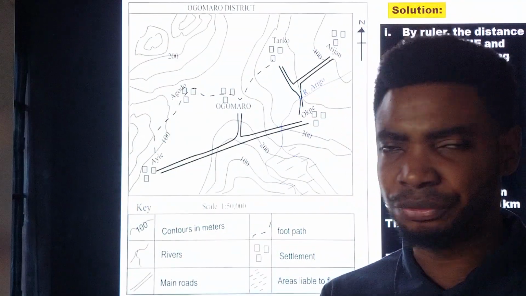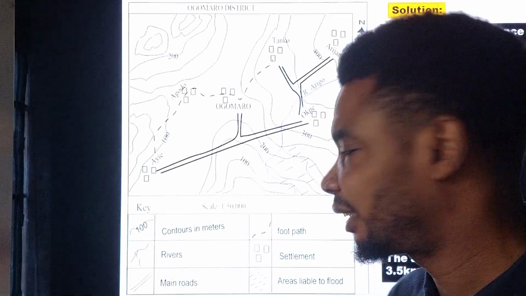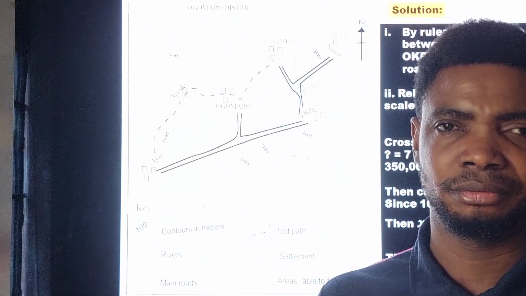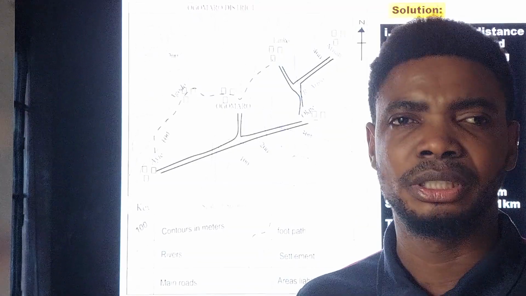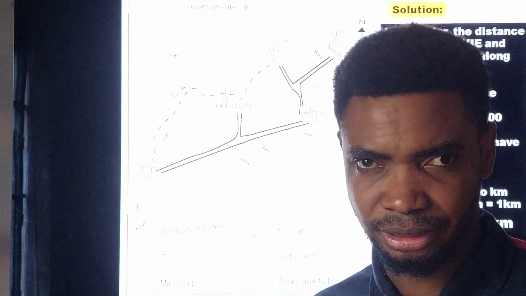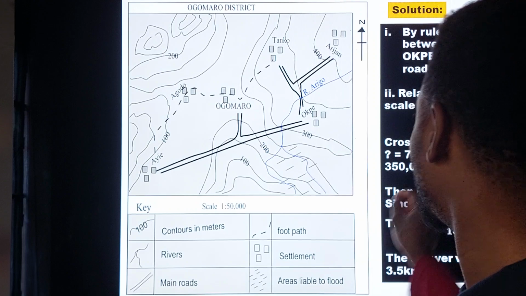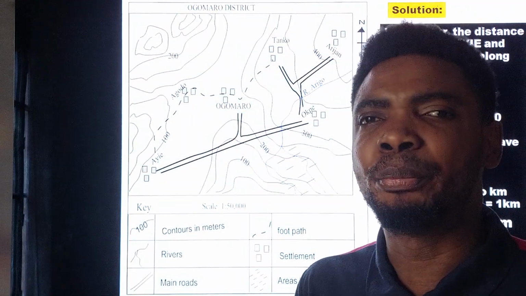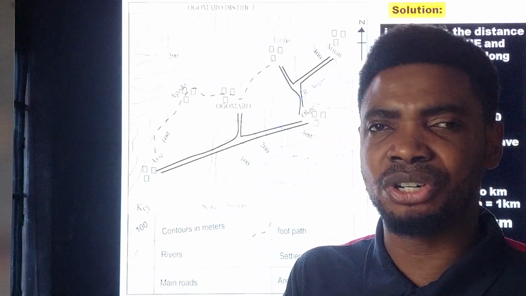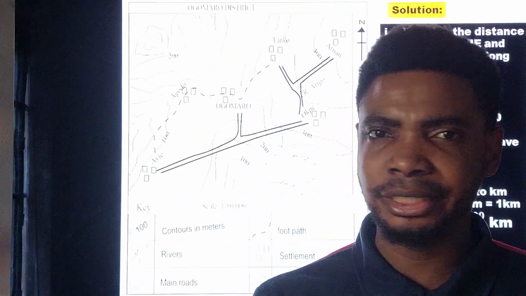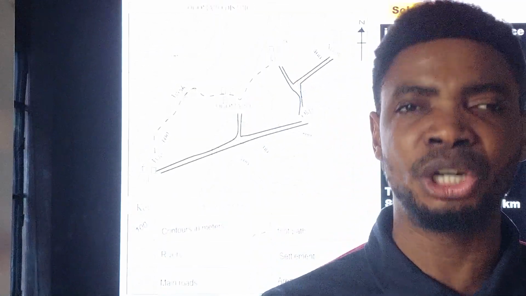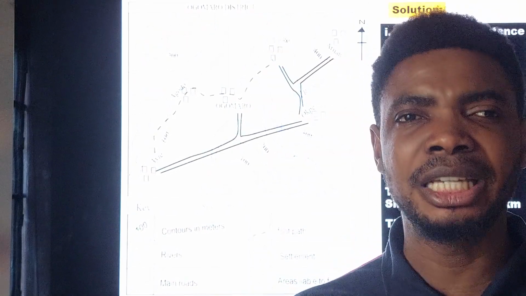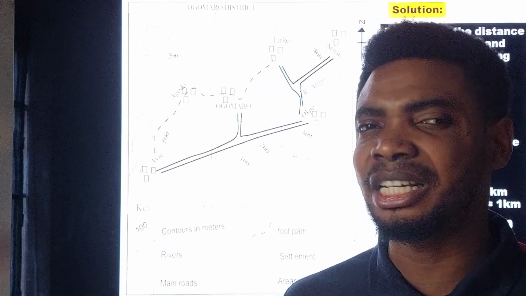When you get 350,000, don't forget that 100,000 centimeters on the ground is equal to 1 kilometer, because this 350,000 centimeters is the actual ground distance. But distance on the ground is not measured in centimeters, it's measured in kilometers.